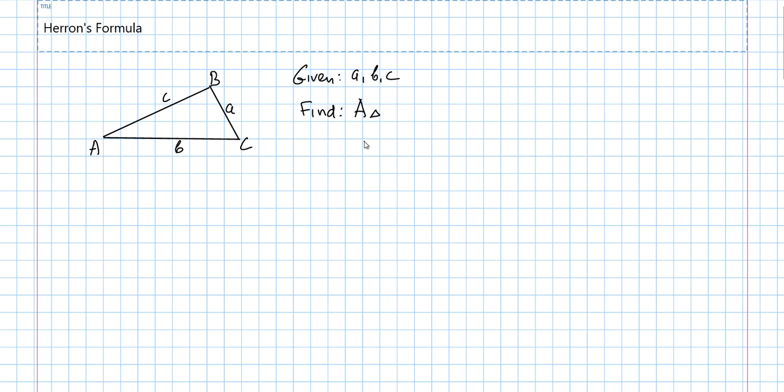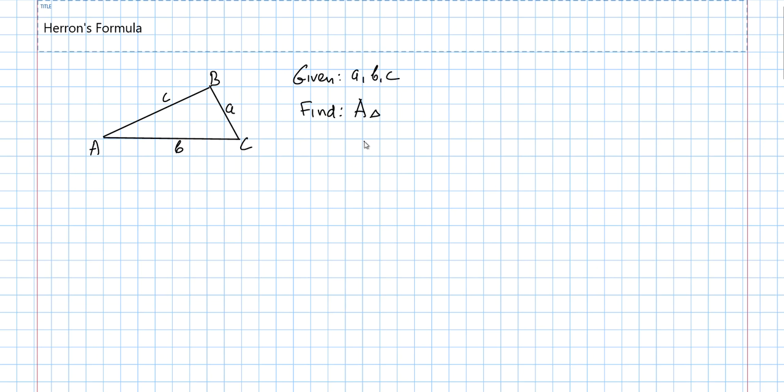So how to do this? I claim that you know how to do this if you know the law of cosines, even if you don't know Heron's formula. The idea is like this.